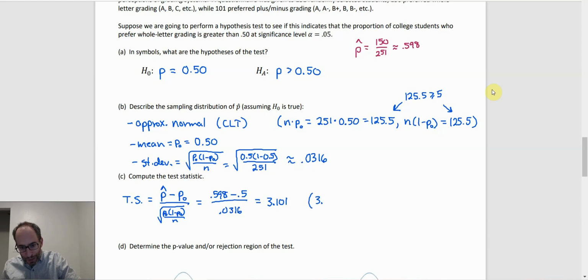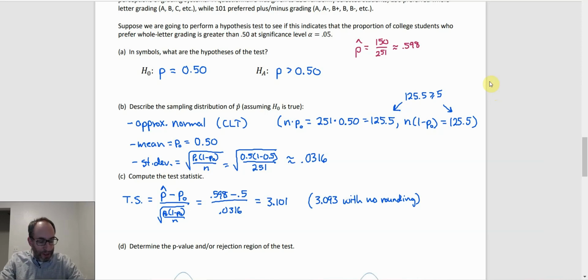You do get 3.093 with no rounding, if you don't round off any intermediate steps, which I did here because I rounded off the square root in the denominator. But if you just do that computation within a calculator, 0.098 divided by the previous answer, you'll get 3.093 because you're not rounding intermediate steps.